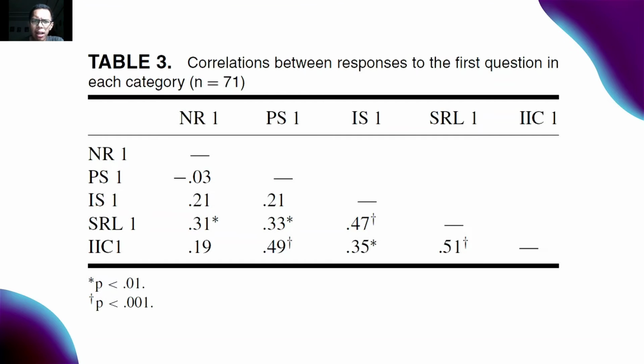Stimulus response learning: r equals 0.384, p less than 0.001. And impaired inhibitory control: r equals 0.318, p less than 0.01. All correlated with scores on the BDI. Only ratings on the positive reinforcement scale didn't correlate with the BDI score: r equals 0.100, not significant.